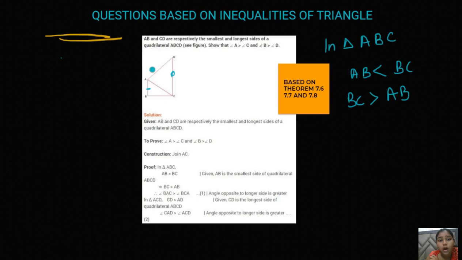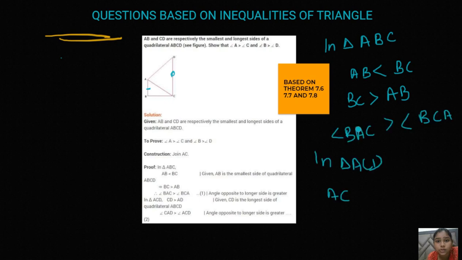CD is the largest side of the whole quadrilateral, so CD is greater than AD, right? So the angle opposite CD, angle CAD, will be greater than the angle opposite AD, that is ACD.